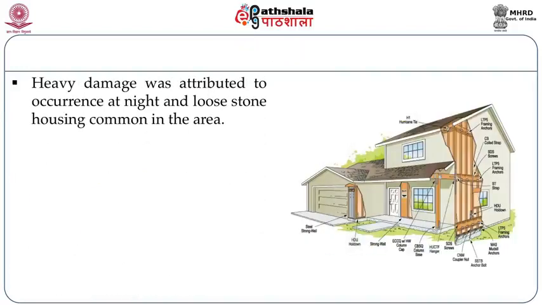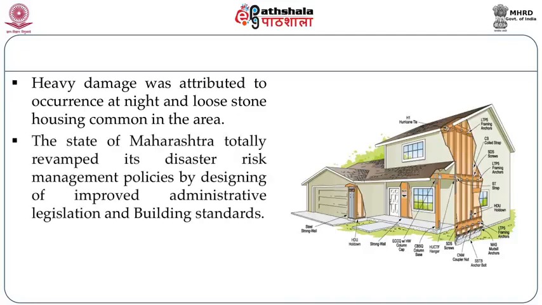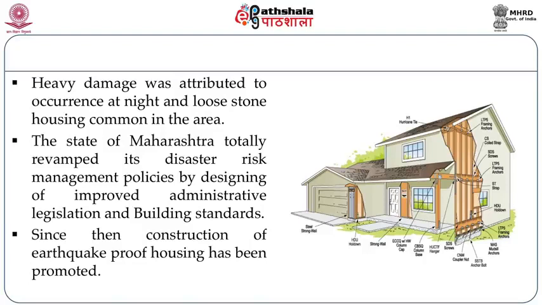Heavy damage was attributed to the occurrence at night, and loose stone housing is common in this particular area. The state of Maharashtra totally revamped its disaster risk management policies by designing improved administrative legislation and building standards. Since then, construction of earthquake-proof housing has been promoted.